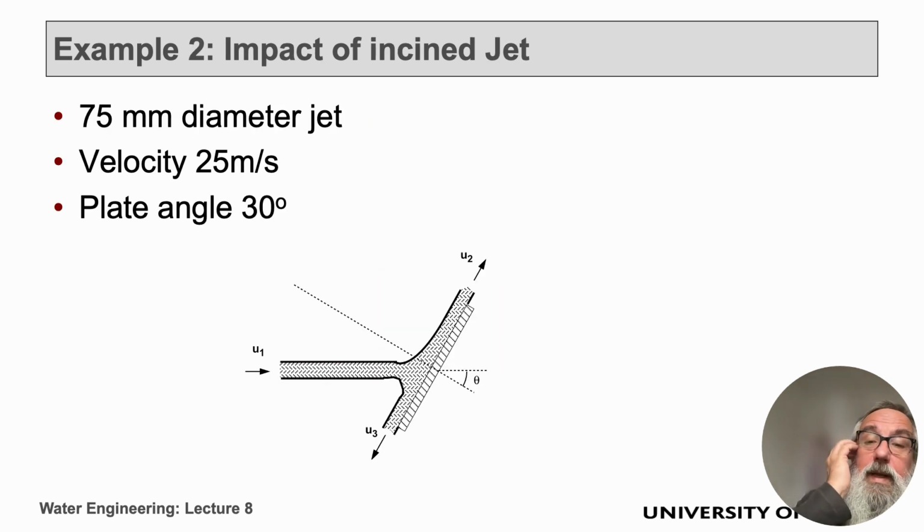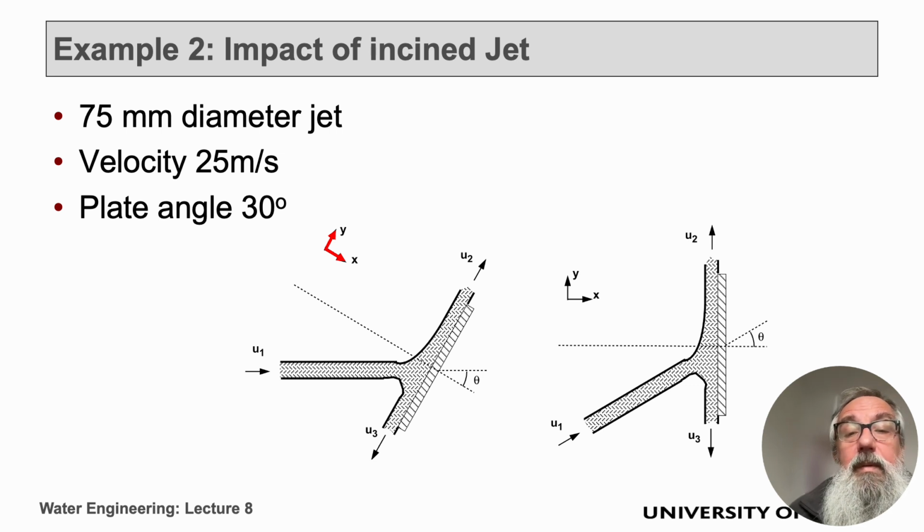So now the example of a jet hitting an inclined plate, 75 millimeter diameter jet, velocity 25, again very fast, plate angle 30 degrees. Choose our axis system. So the y-axis, the x-axis is parallel to the plate.